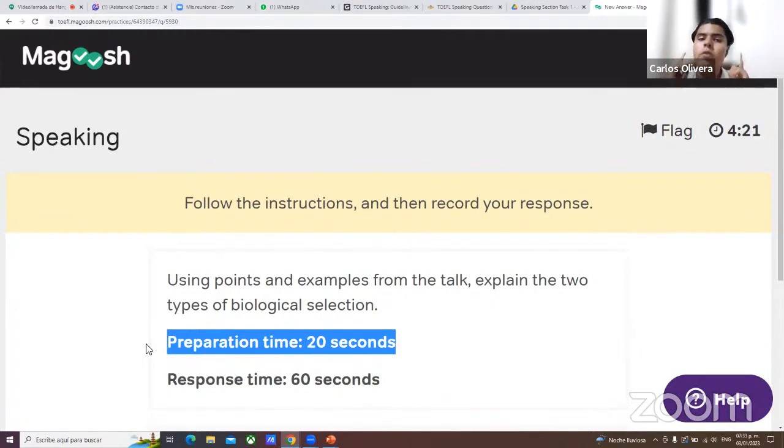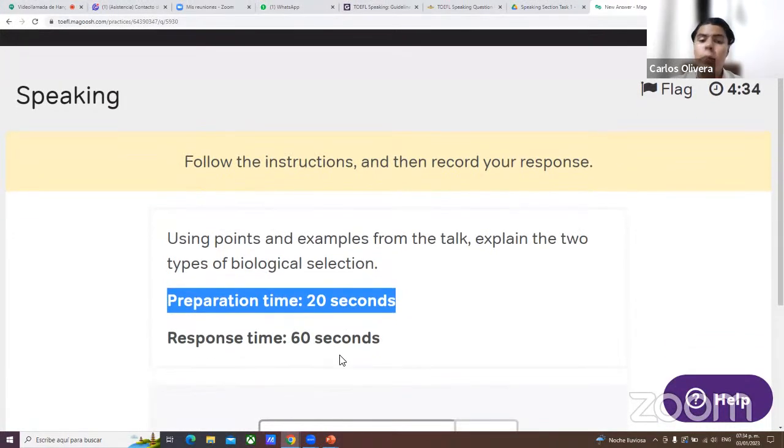So in your headphones, you're going to listen to a voice that is going to be reading the question and saying, okay, now start preparing your response after the beep. And there's going to be a sound like beep. And when you listen to that sound like beep, there's going to be a chronometer here on your screen going backwards. That is to say 20, 19, 18, 17, 16, 15, 14. And thus you're going to be able to calculate and measure by yourself how much remaining time you have for completing your summary.